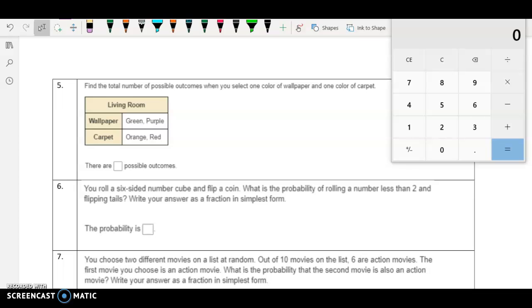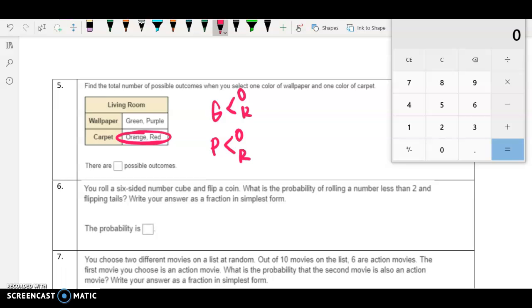All right, so find the total number of possible outcomes when you select one color of wallpaper and one color of carpet. So for my wallpaper, I have two options. I have green or I have purple. And I have two options for each of those. I can do green walls with orange carpet or green walls with red carpet. Or I could do purple walls with orange carpet or purple walls with red carpet.